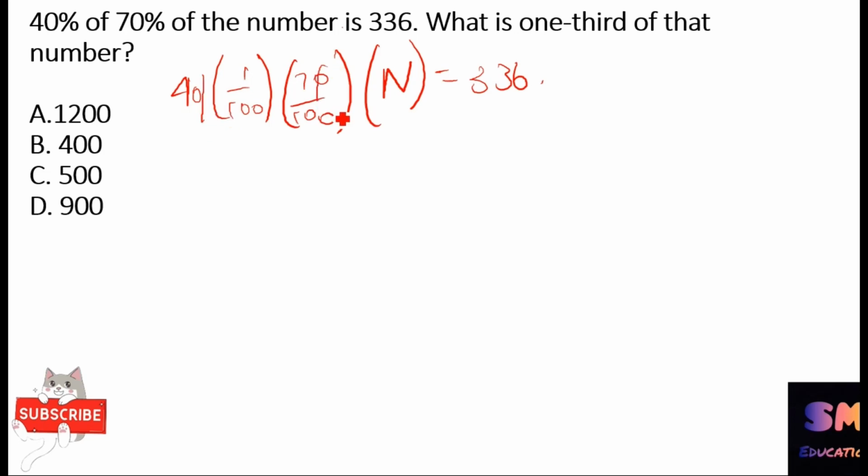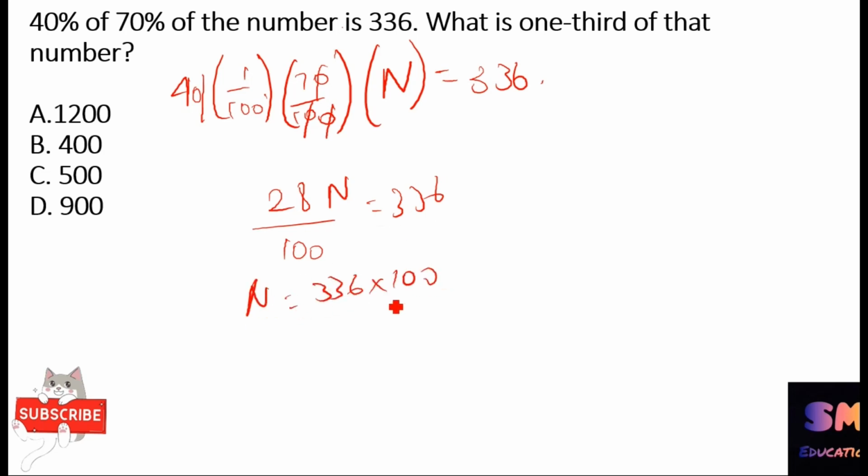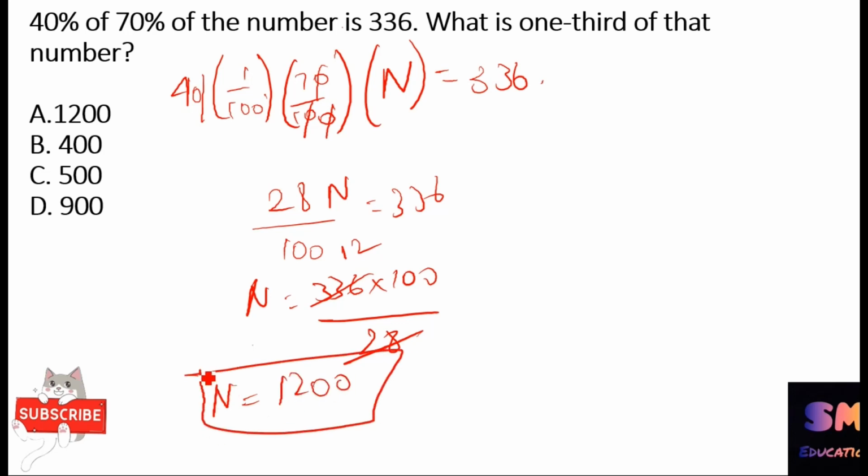This gives you 28 by 100 and 336. N value is 336 into 100 by 28. This will cancel, 28 12s. So the n value will be 1200. So the number is 1200. So the answer option 1200 is a wrong answer. Option A is wrong.